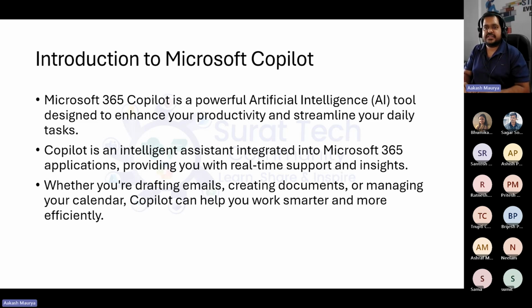So if we ask any question to Copilot, it will first go and crawl through all the documents and generate the answers based on your existing documents. If it doesn't find the answer in your documents, then it will go to the web knowledge base, on the internet, find the answers and give them to you.